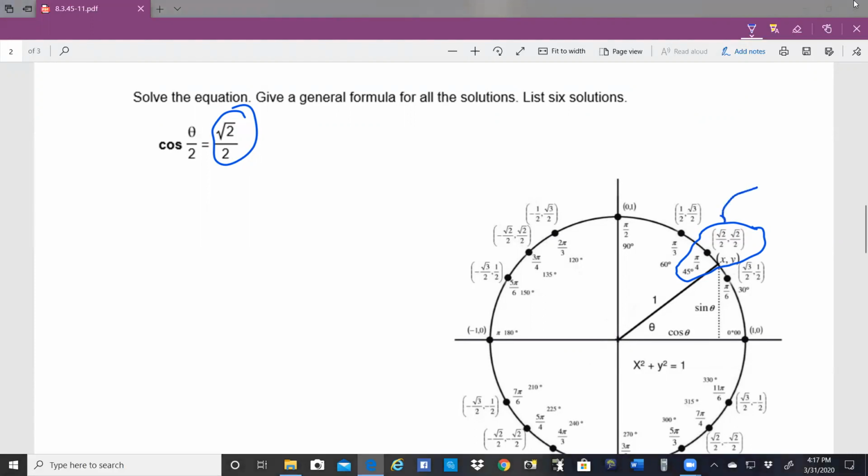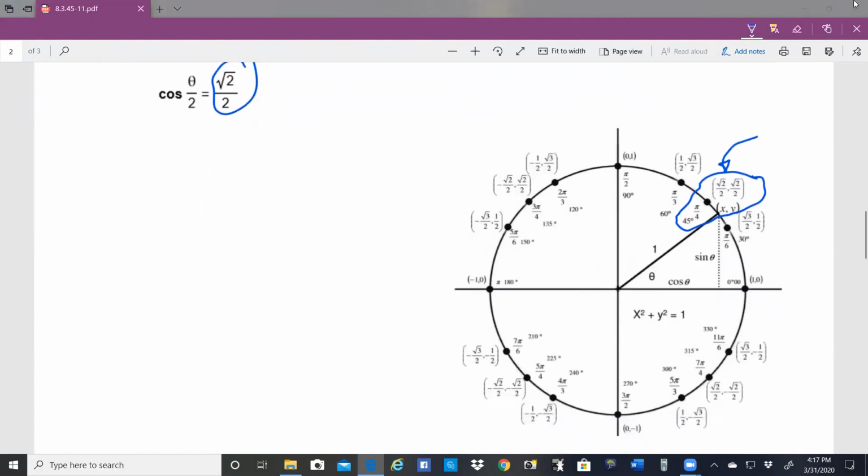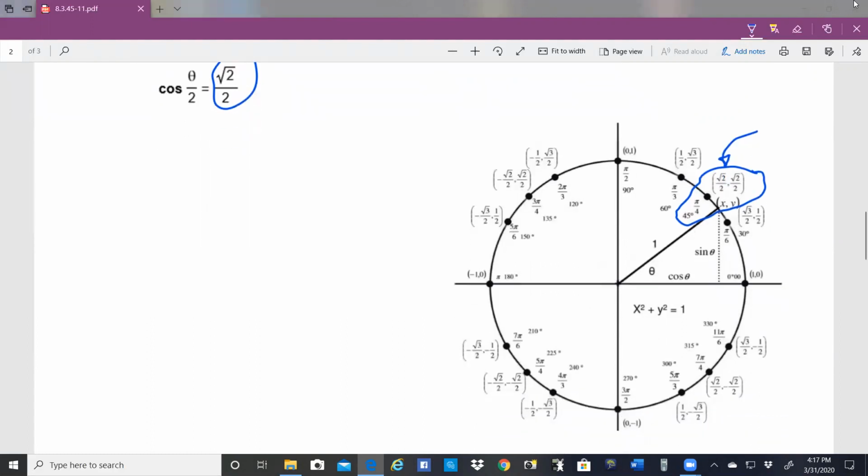As we can see, the x value on the unit circle happens to be the cosine. So we have one, this is a smaller angle. And down here, we have 7 pi over 4. Its cosine is the square root of 2 over 2 also.